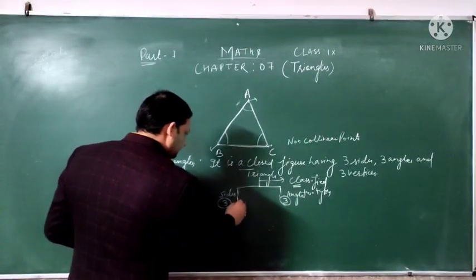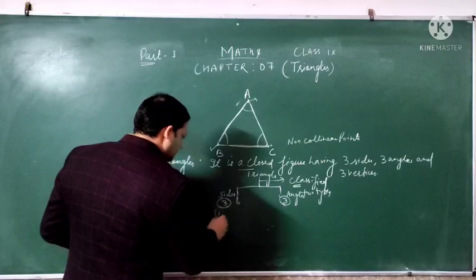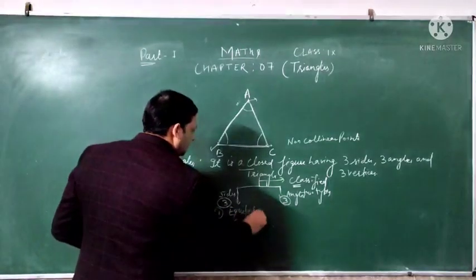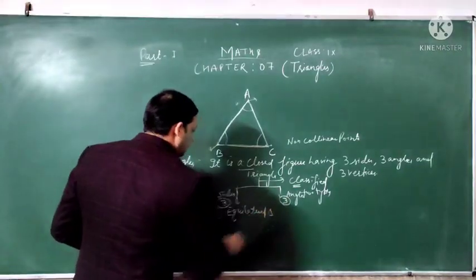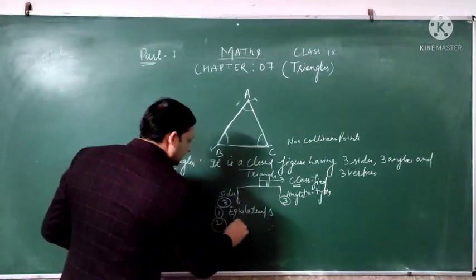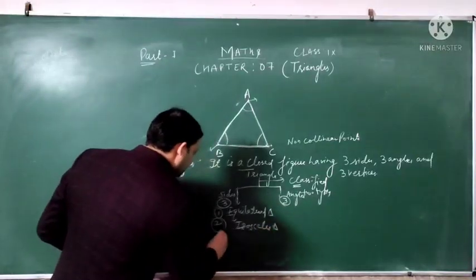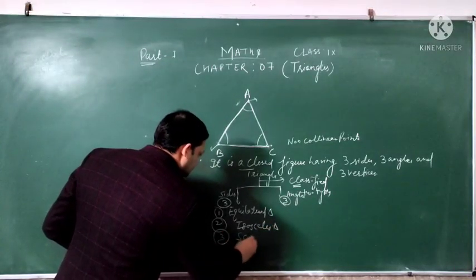The first type of triangle is the equilateral triangle. The second is the isosceles triangle. The third is the scalene triangle.